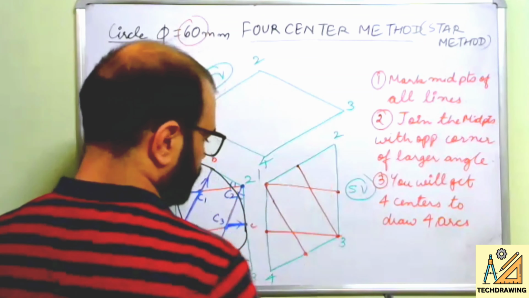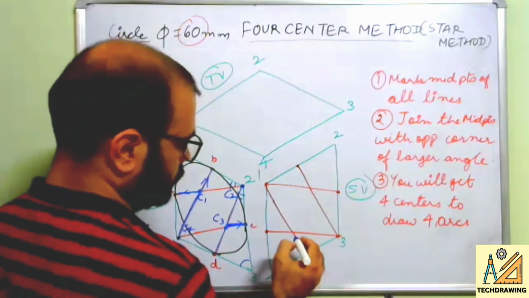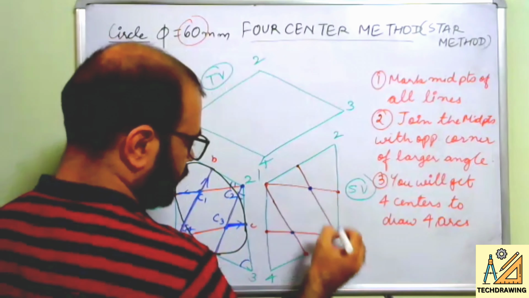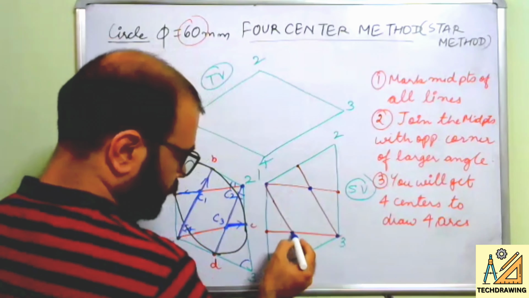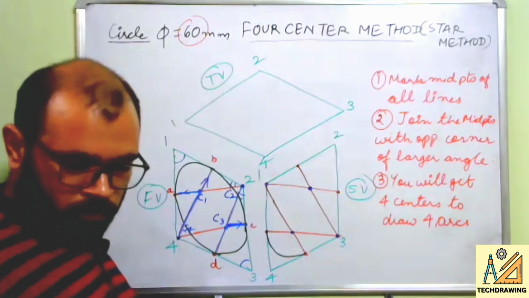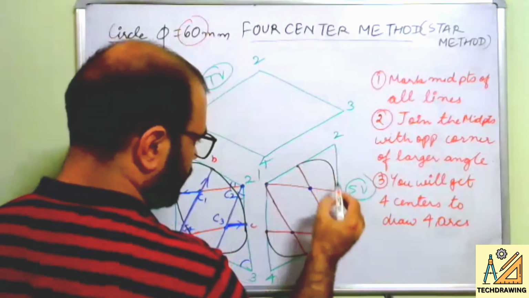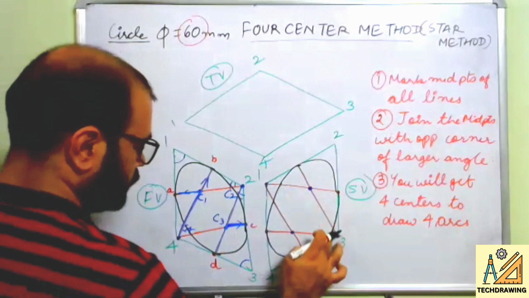Now you have got 4 centers: first, second, third, and fourth. Keep your compass here, open till this point and mark an arc. Keep your compass here, open till this point, mark an arc like this. Keep your compass here, open till this point, mark an arc. Keep your compass here, open till this point and mark an arc like this.